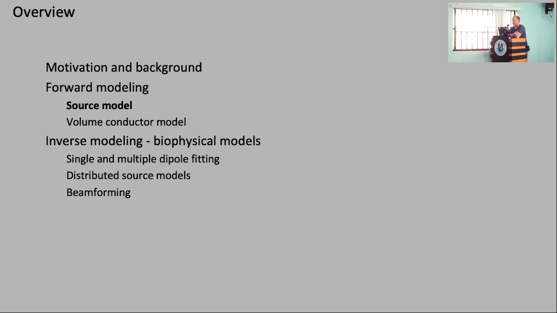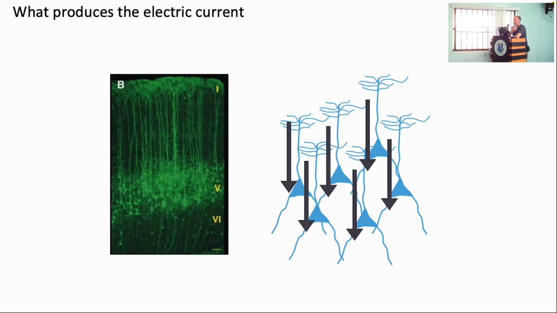One of the ingredients in the forward model is the source model. As Mikkel already explained on Monday, we have this cortex. In this cortex, we have neurons, and it's a specific class of these neurons, the pyramidal cells, that have their dendritic trees very nicely aligned. Here you see histology of a very thin slice, and you can see the individual neurons with the dendritic tree.